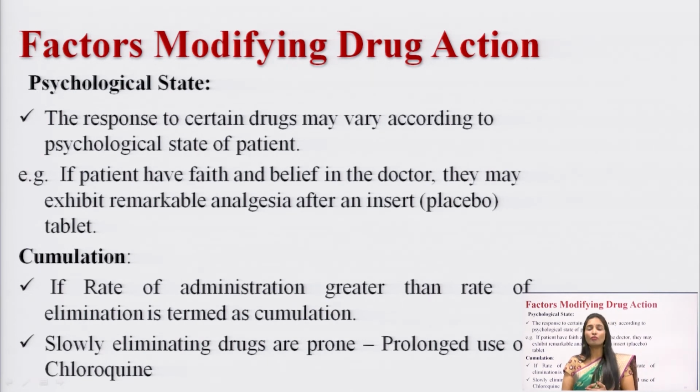So the doctor will prescribe a dummy drug, the placebo drug. There will be no active chemical inside the drug, but the patient visits the doctor, the doctor prescribes the drug, and he has a psychological feeling that after taking the drug he has been cured. So such a psychological feeling also modifies the drug action.